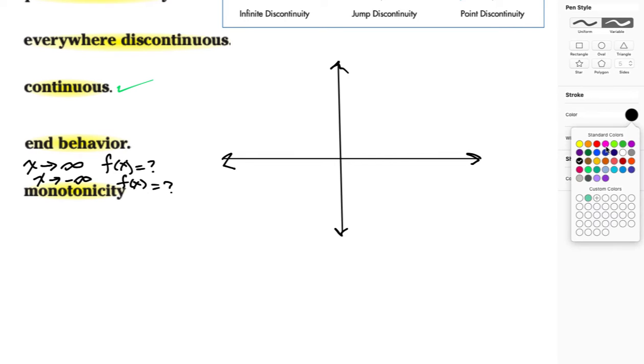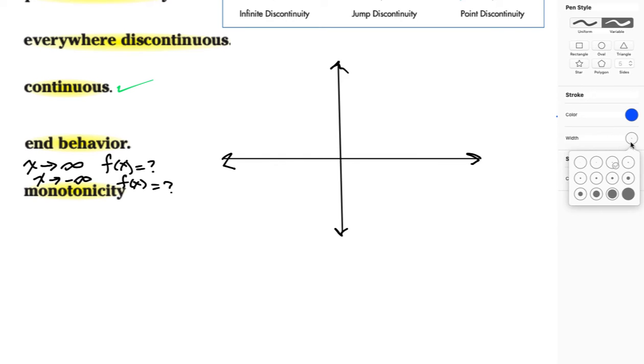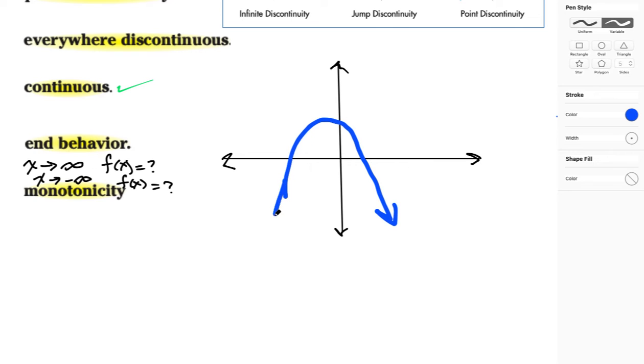So if I were to draw a picture of something that you're familiar with, let me draw a quadratic equation, and let's make it an unhappy parabola, like so. We could answer this question by looking at it, right? We could say, okay, as x gets bigger and bigger, f of x is getting smaller and smaller, negatively infinitely smaller.